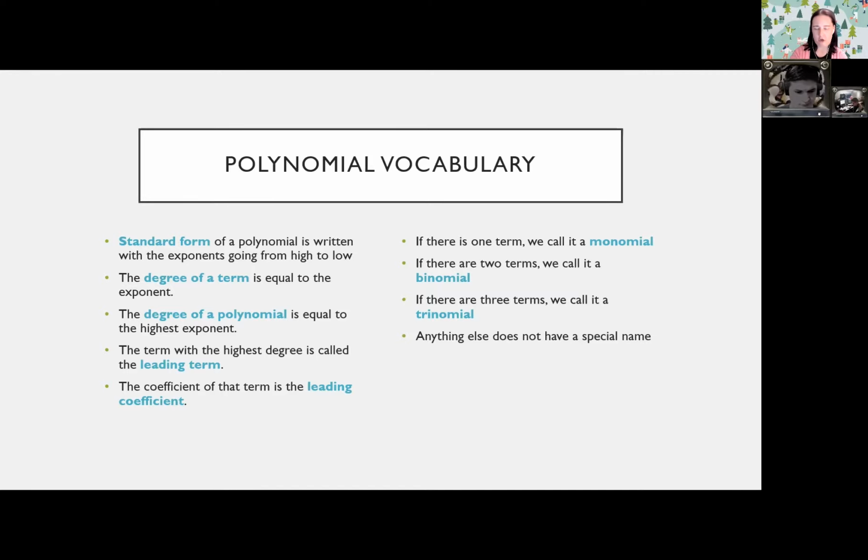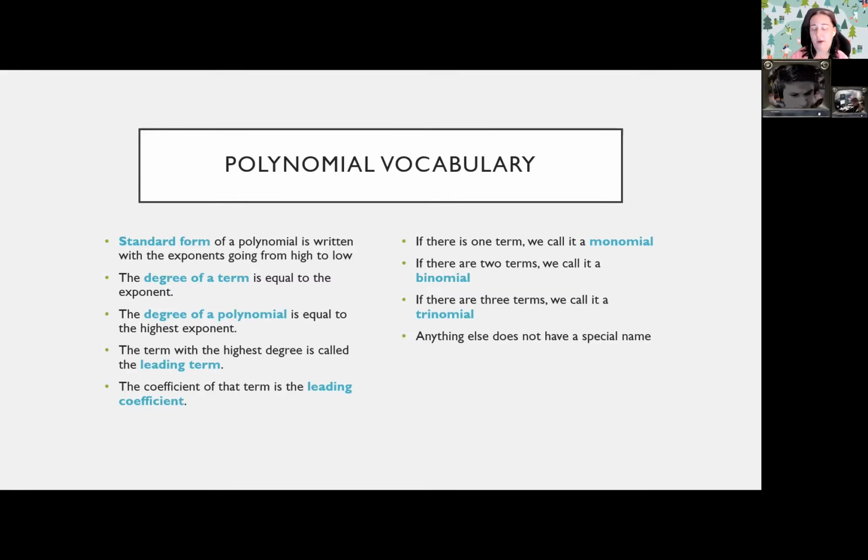So each term has its own exponent. The degree of the whole polynomial is the highest exponent. So you just look for what is the highest exponent. That's the degree of the polynomial. The term with the highest degree is called the leading term. The number in front of that is the leading coefficient.